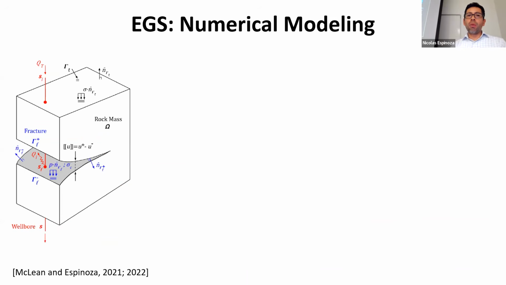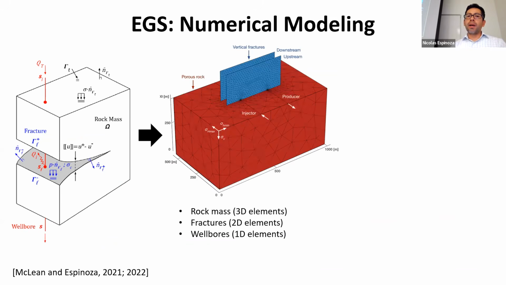All right, so what we did in this case is to model that numerically. Basically here now we have to model the fractured rock mass. We have to model the fractures, the compliance of the fractures, how they open when you de-stress them, and how they open after they lose contact between each other. And also we have to model the wellbores and the partition of the fluid in the fractures.